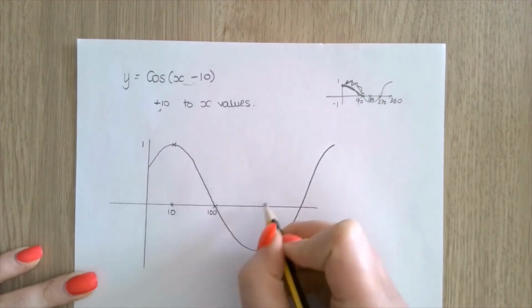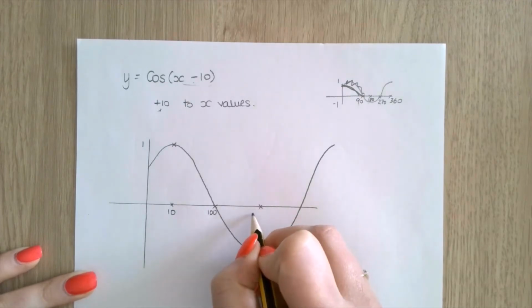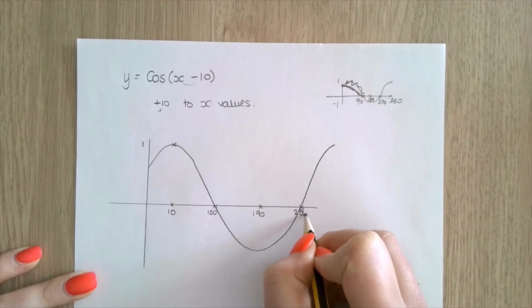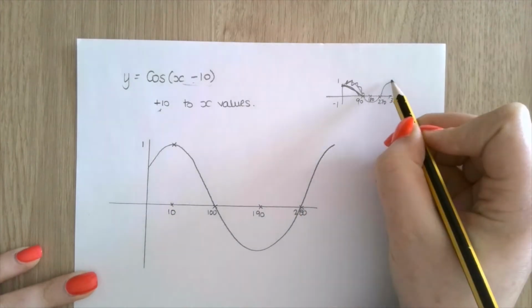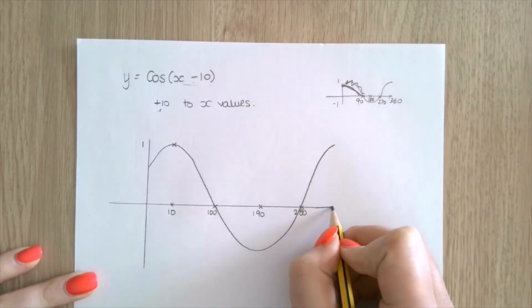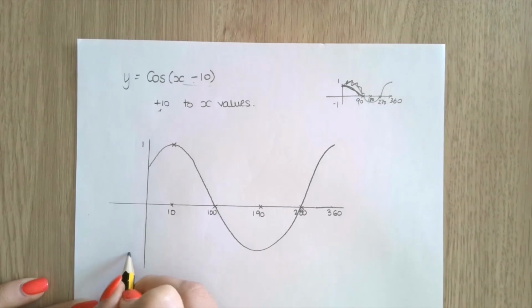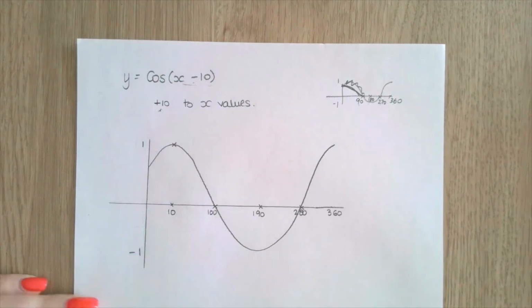I didn't draw that very well at all. This is 100. This is 190. This is 280. And I haven't quite reached my maximum at 360 just yet. Maximum at 1 and minimum at -1.